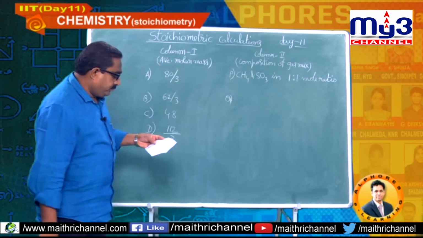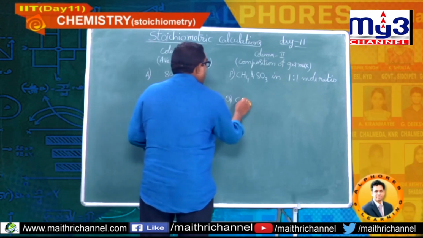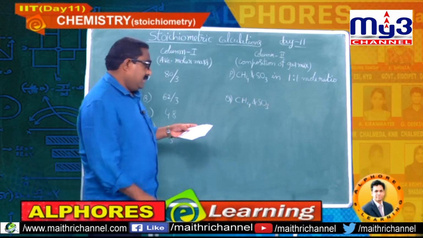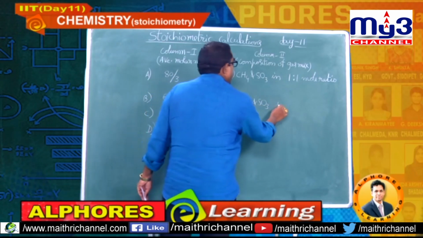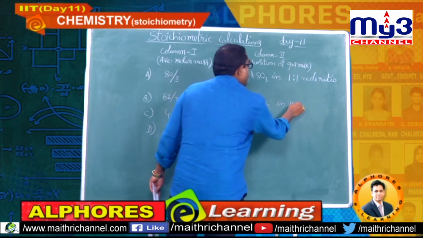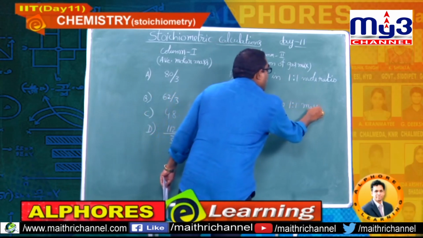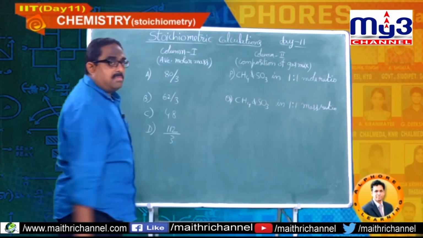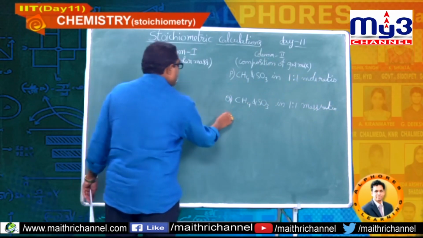Q, same, methane and sulfur trioxide in 1:1 mass ratio. That is moles ratio, this is mass ratio. Write down.